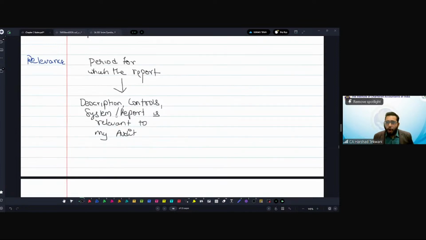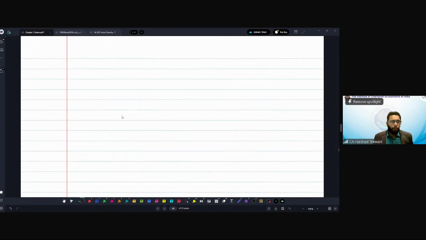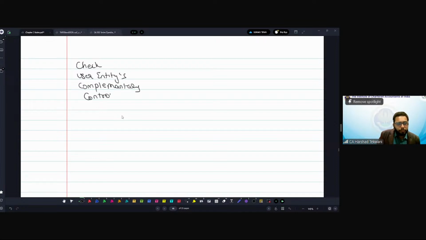And if I'm checking all these things, there is one step ahead I will go, and I will also check the complementary user entity controls.